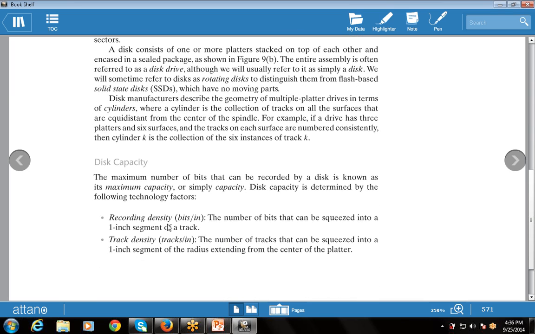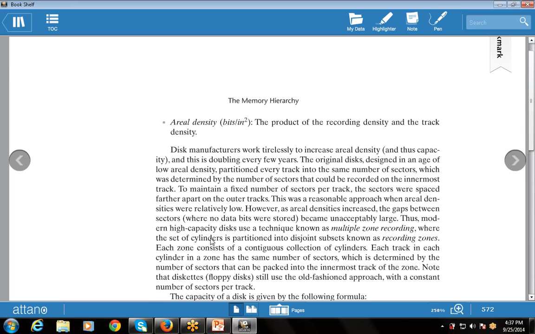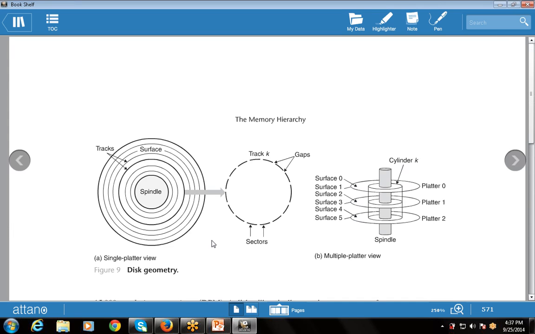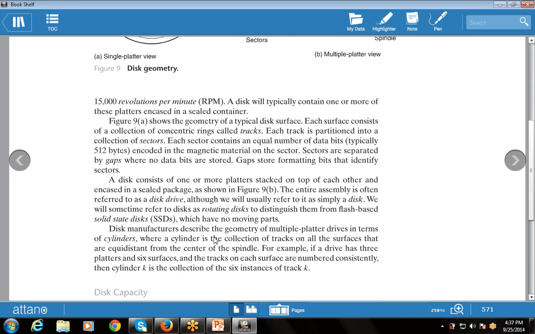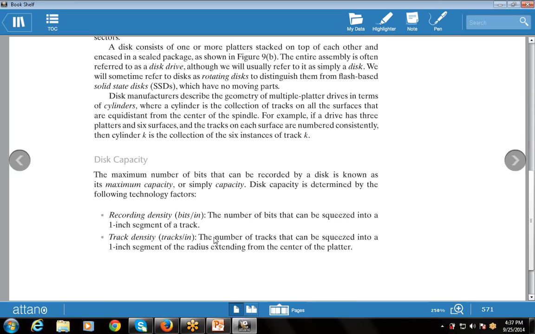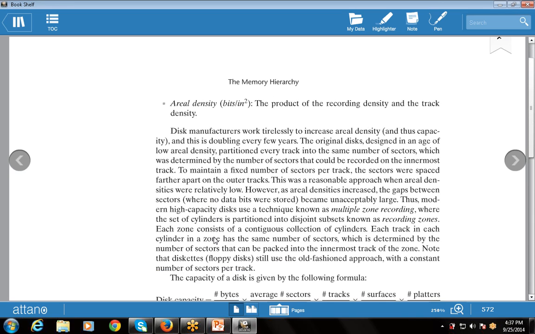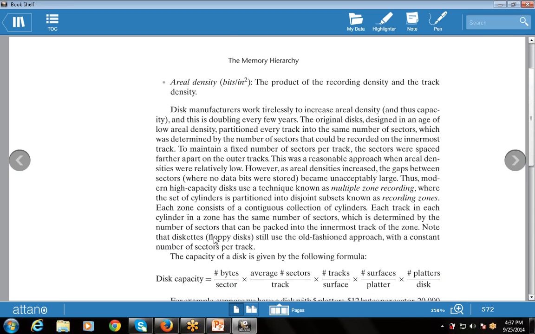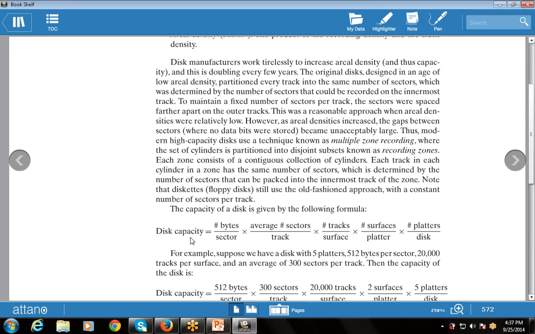One is recording density, then track density, then areal density. So these are the three criteria on the basis of which we can increase or decrease the capacity of the disk. That is recording, track, and areal density.